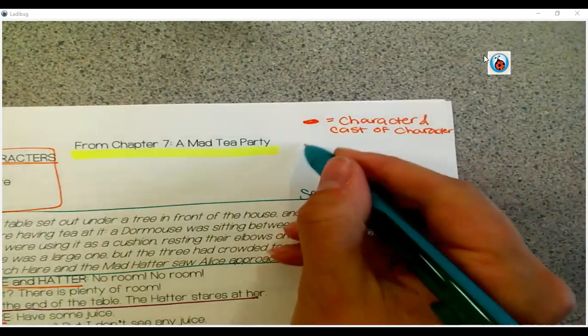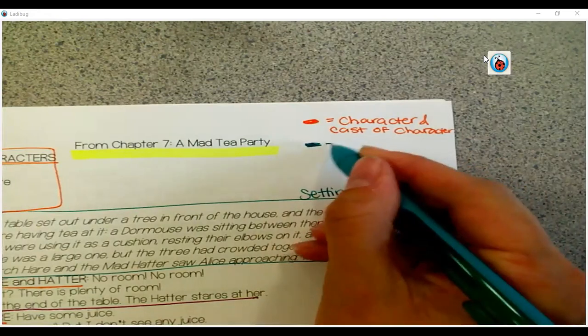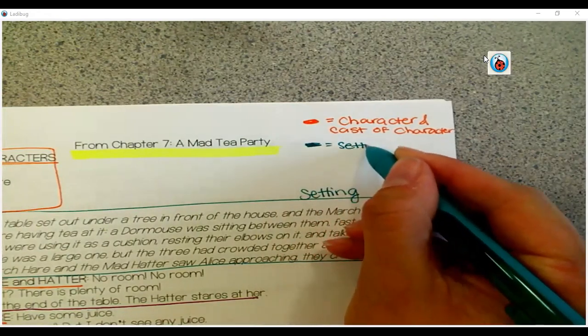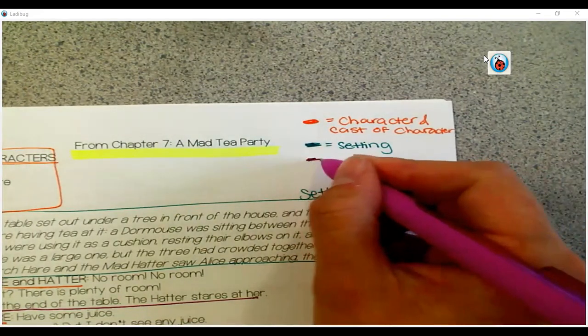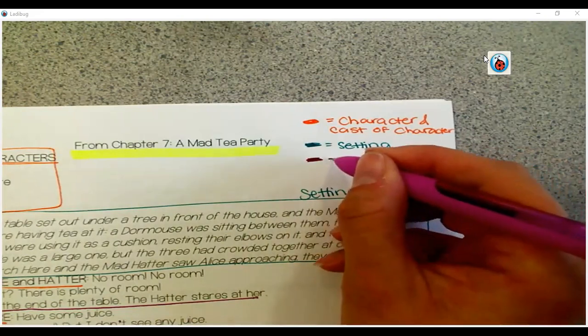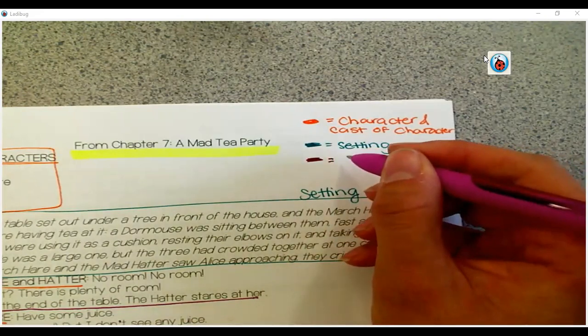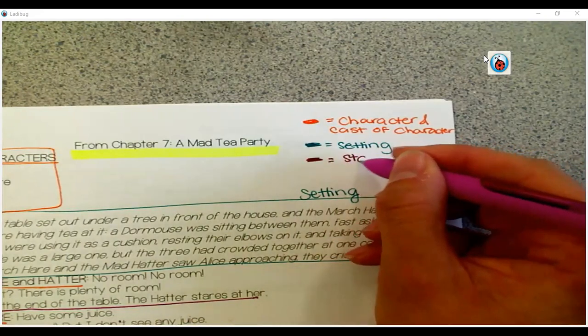The teal color was my setting. And pink was stage directions.